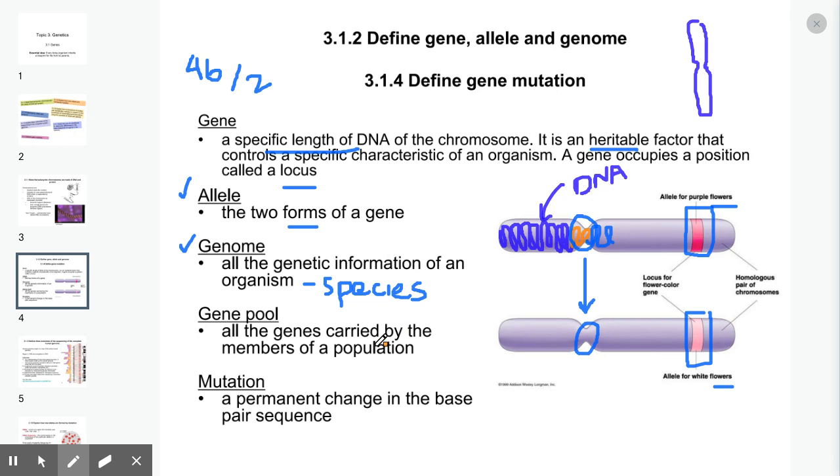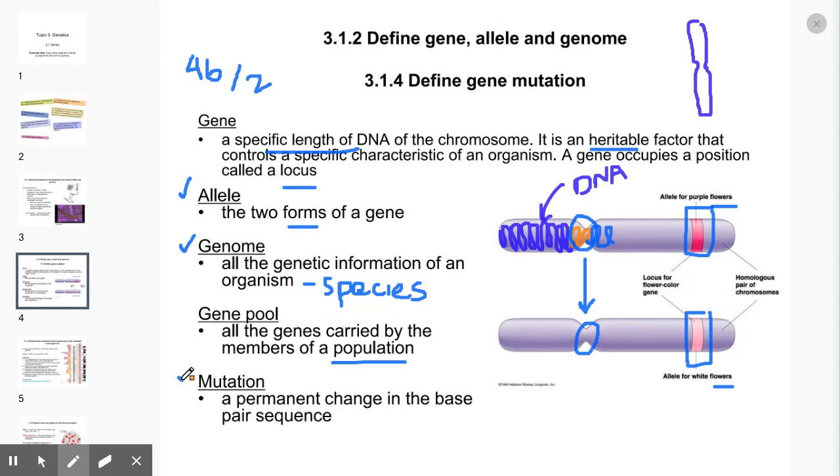So these are the genes carried by the whole population. Population in biology means organisms in the same place at the same time and they're the same species. So that could be like zebra in Kenya, Africa.